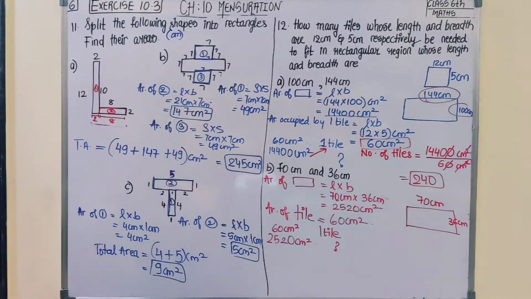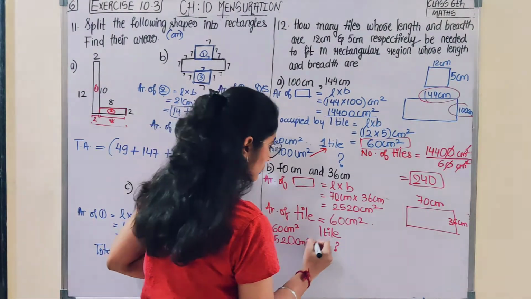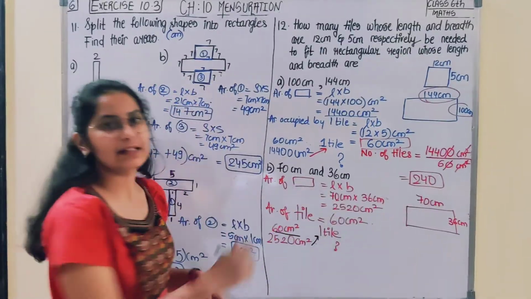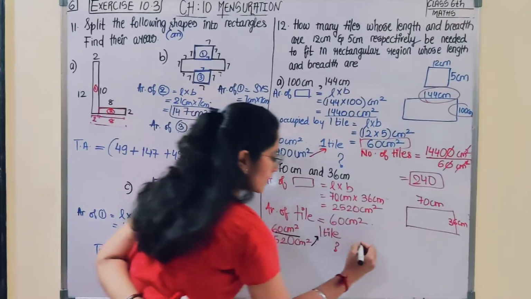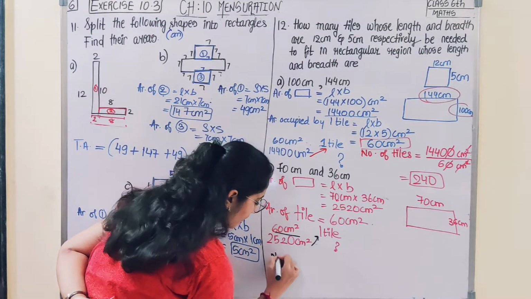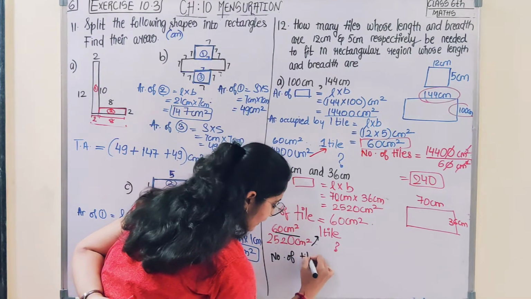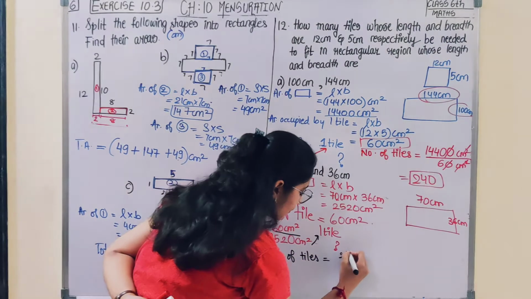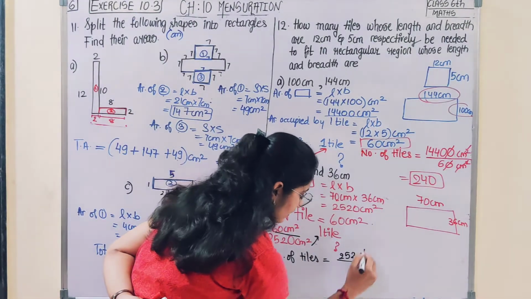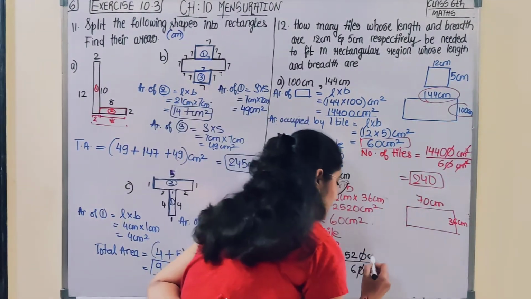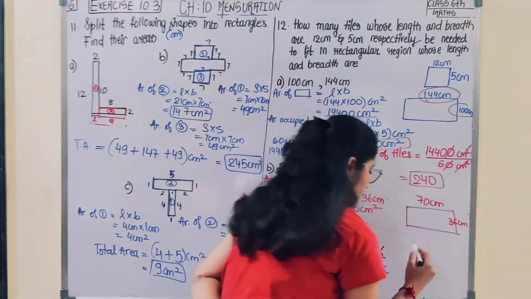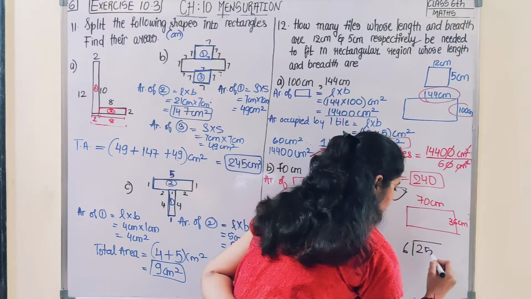So again you would be multiplying 2520 into 1 divided by 60. Anything multiplied by 1 is the number itself. So number of tiles is equal to 2520 divided by 60. 0 cancels 0. Okay, centimeter square cancels. Okay, now 252 divided by 6.